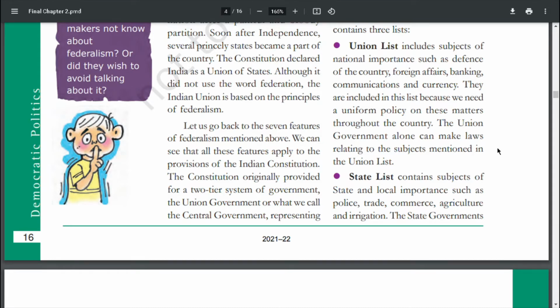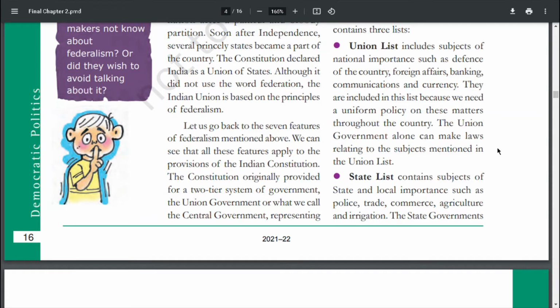These are areas which are too small to become an independent state but which could not be merged with any of the existing states. These areas, like Chandigarh or Lakshadweep or the capital city of Delhi, are called union territories. These territories do not have the power of a state. The central government has special powers in running these areas.